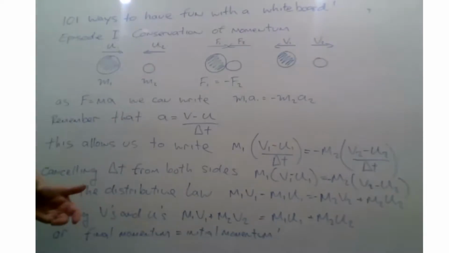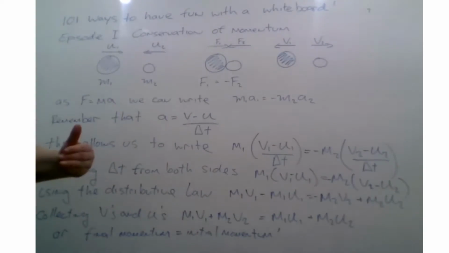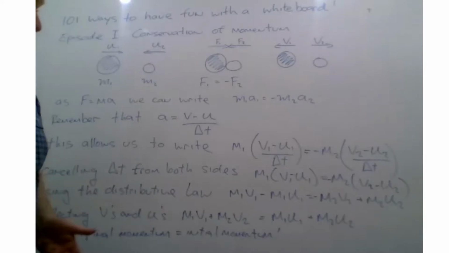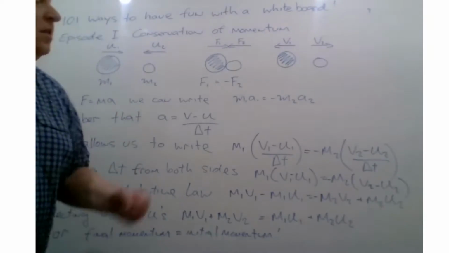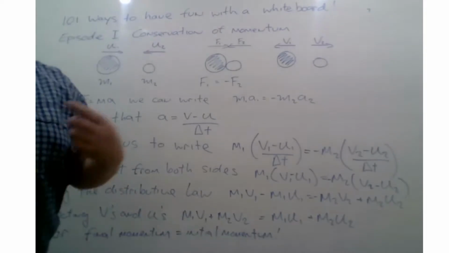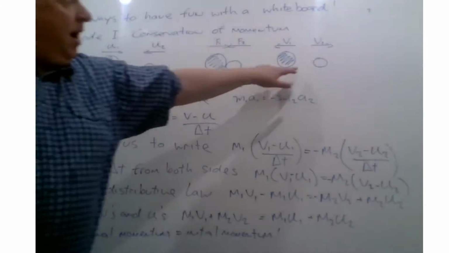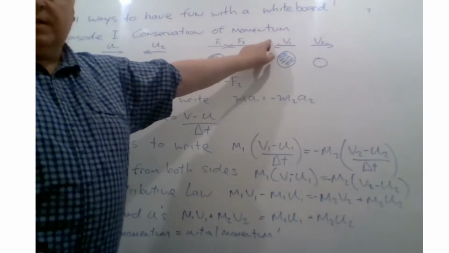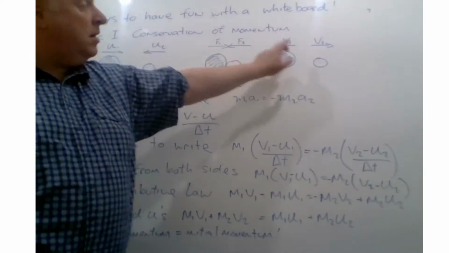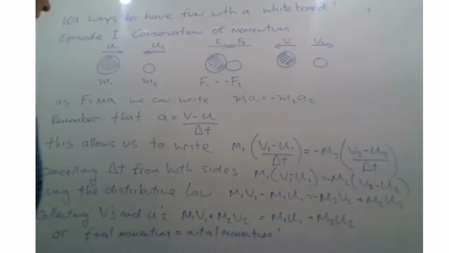The minus sign simply says it's in the opposite direction, remembering that force is a vector. After the collision, they're going to bounce off each other. The velocity of each ball is going to change direction and probably magnitude as well. And so after the collision, they now have two final velocities, v1 and v2.